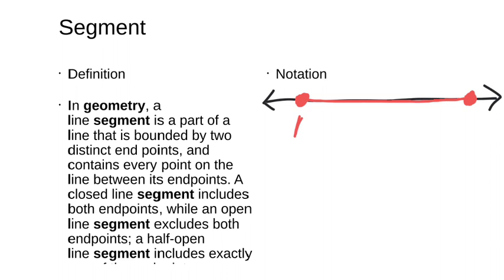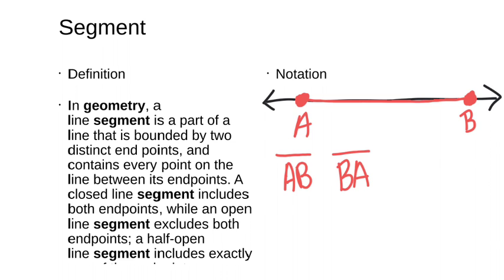Okay, so when you name line segments, you would want it to start at A and end at B, and you would not have arrows above it. That would tell you it's only that red section, not left and right forever and ever, only from A to B, or only from B to A. Either one of those notations would be correct.